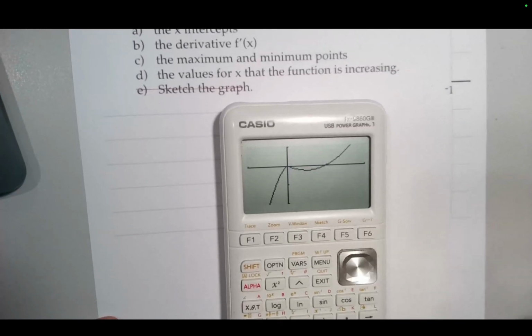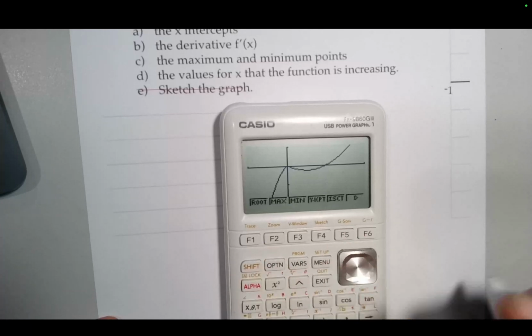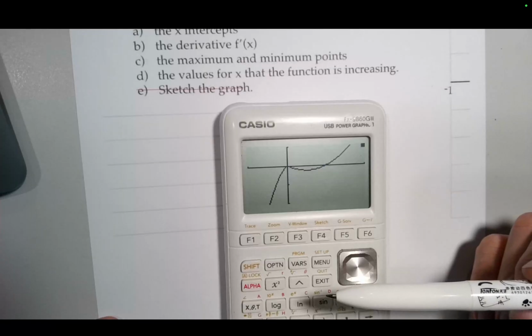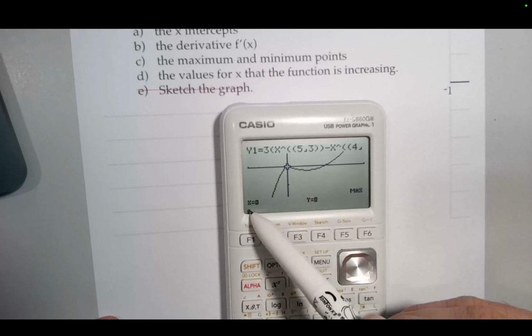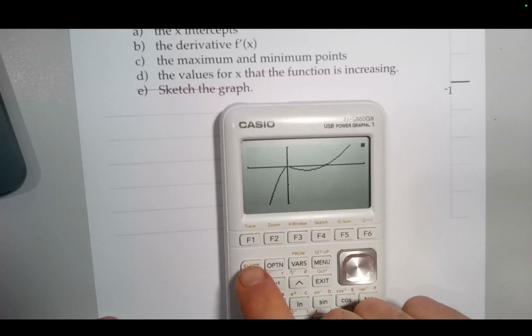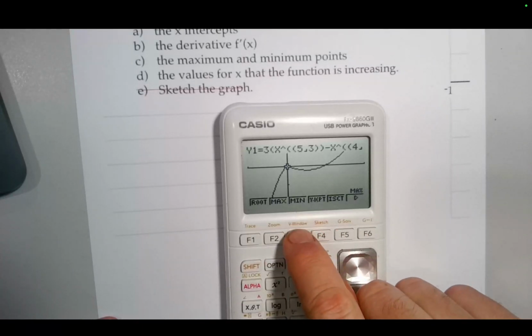Okay, and also G-Solve tells you the maximum is going to be there, 0, 0, and push the bar. Nope. Shift G-Solve, minima.